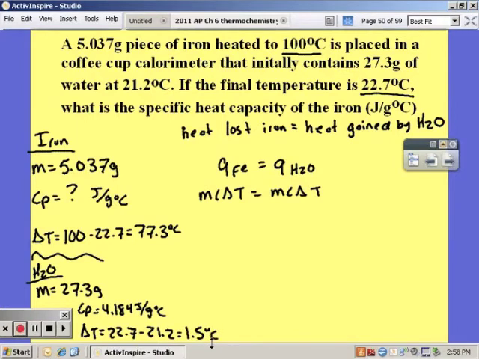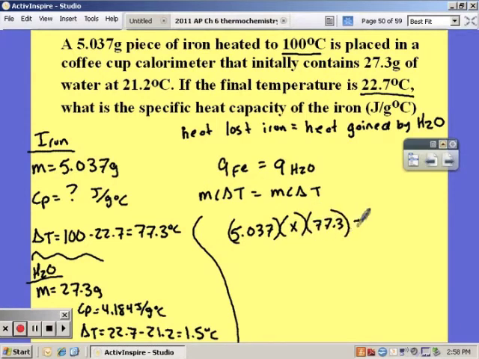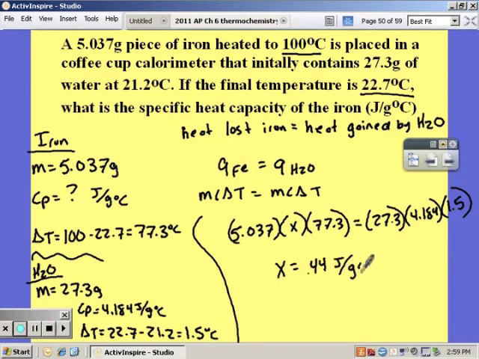And then I'm just going to set these two equal to each other. And so my specific heat of iron is 0.44 joules per gram degree Celsius.